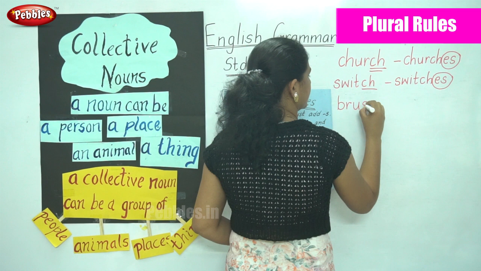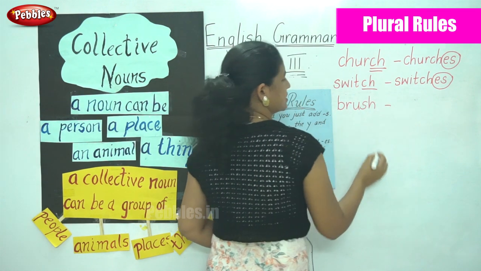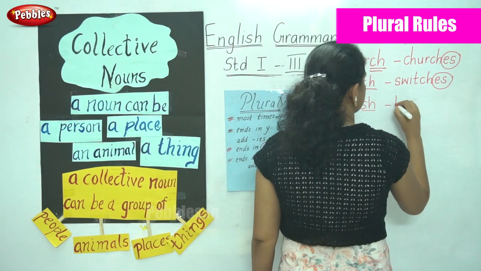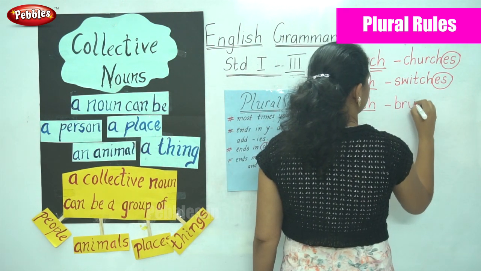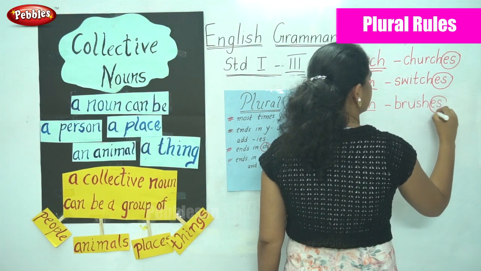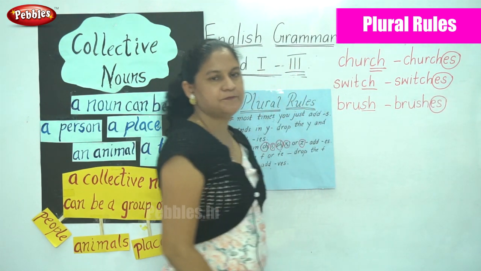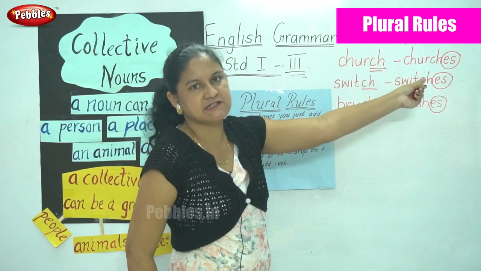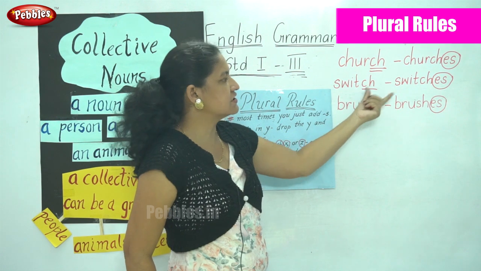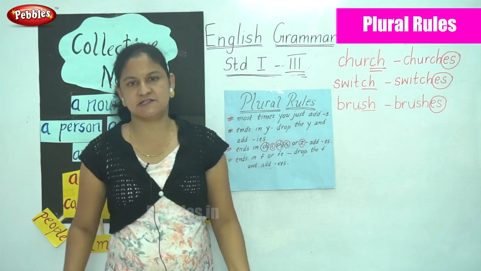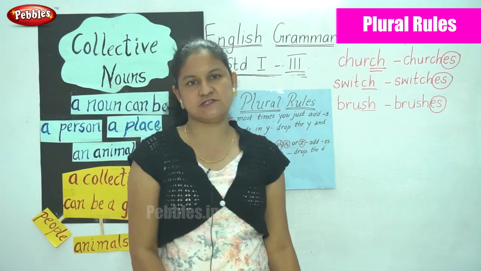It ends in sh, so we add es, and we get brushes. So when the word ends with ch, we add es: church, churches, switch, switches, brush, brushes. Let us see some more examples of these words.